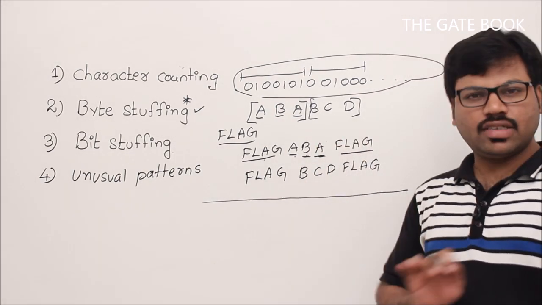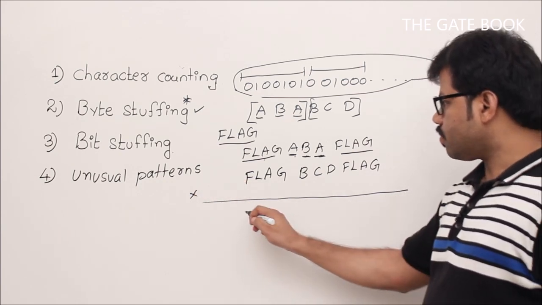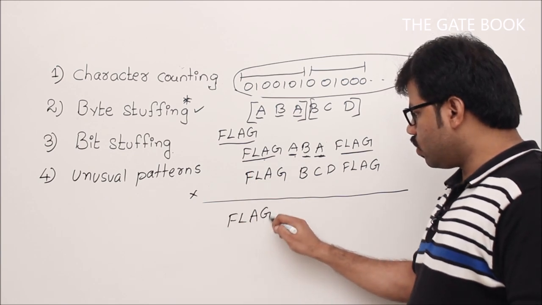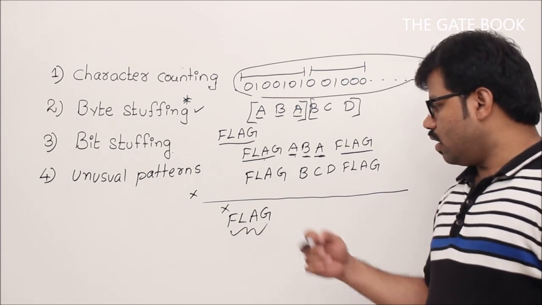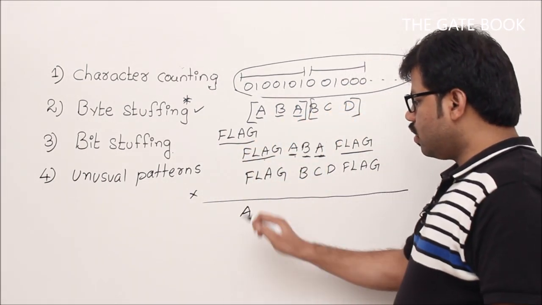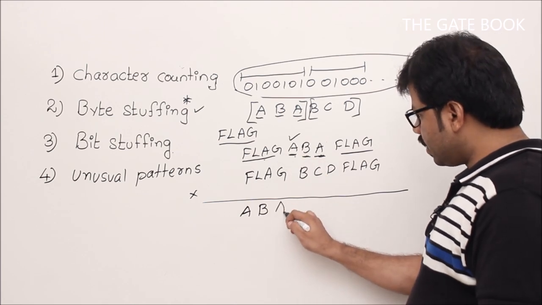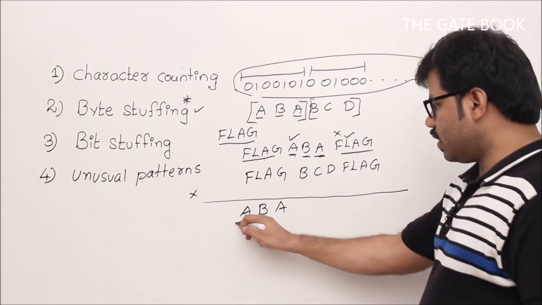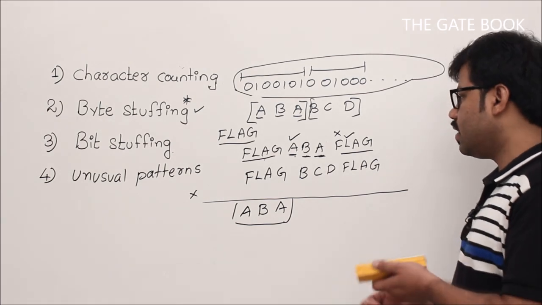At the receiver side, assume there is no error. First of all, this flag will go, correct? Because your receiver knows that whenever there is a flag, it is the start of the frame, so it is discarded and the remaining thing is counted as the frame: ABA. Then one more flag comes, that flag is discarded by the receiver, and it finally forms a frame, which is what the sender expects.